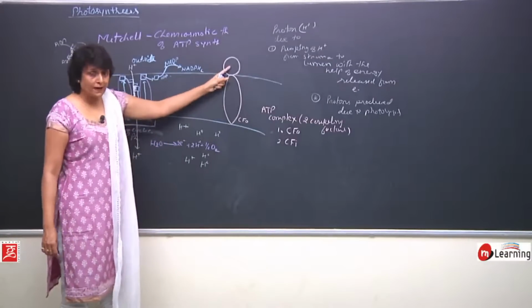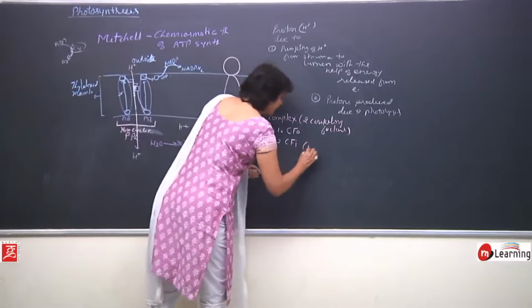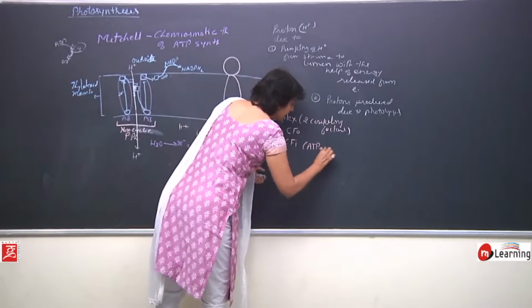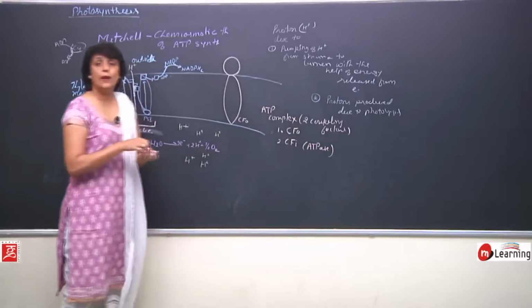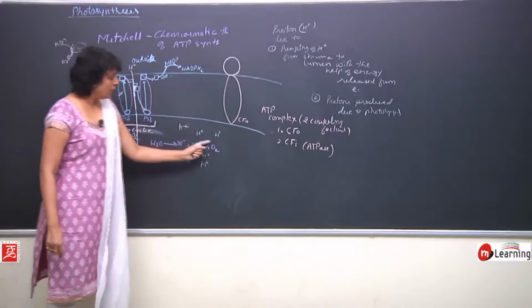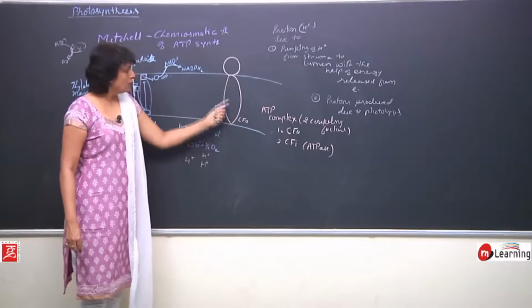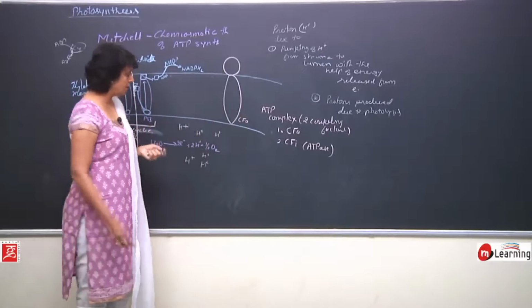The CF1 particle acts as ATPase, the enzyme which is going to help in the synthesis of ATP. So, these protons would move back into the stroma through the same particles.